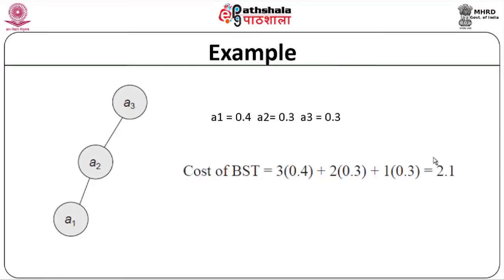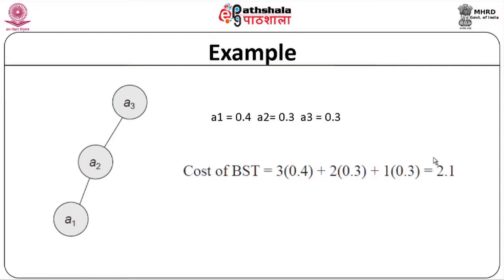So, for our key set, that is A1, A2, A3, this is one such possibility. Suppose I construct it like this, can I associate a metric for this particular construction? I can do that, and let us assume that a cost metric is assigned for this particular tree construction.